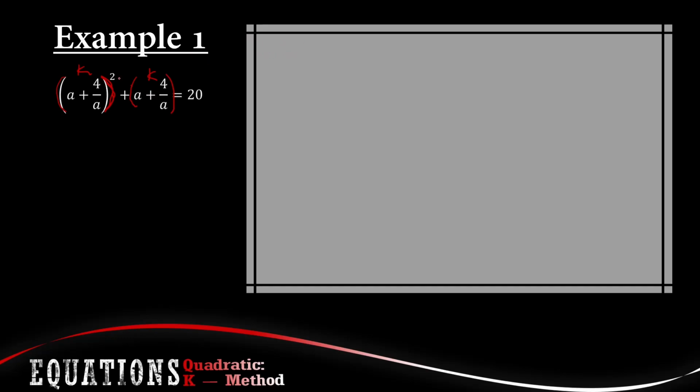If we do replace that with k, we get k squared plus k equals 20. Now that is a very simple equation to solve. So I'm going to bring everything to one side: k squared plus k minus 20 equals 0. Then if we factorize, we get (k plus 5)(k minus 4).